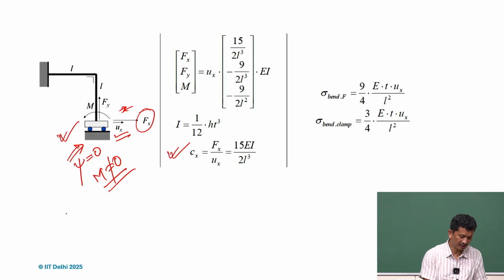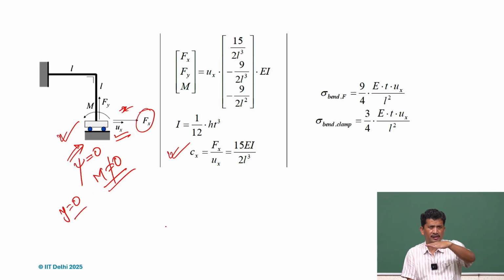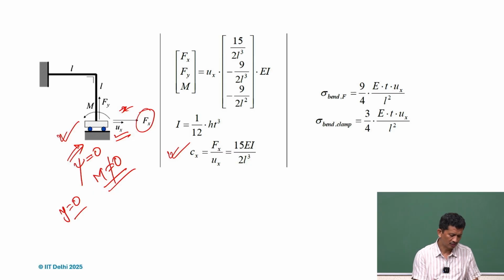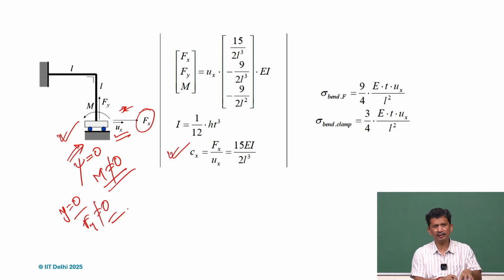Similarly, the y displacement is also 0. It is still going along the guide. So y is 0 in this case, not Fy. Fy is not 0. Many times students make this kind of mistake in class whenever we ask what the boundary conditions are. So one should be aware of that, and the rest.